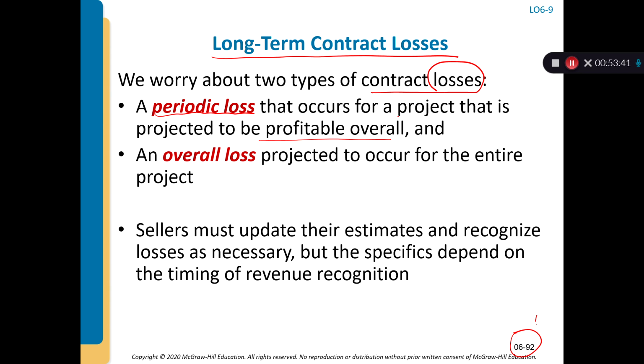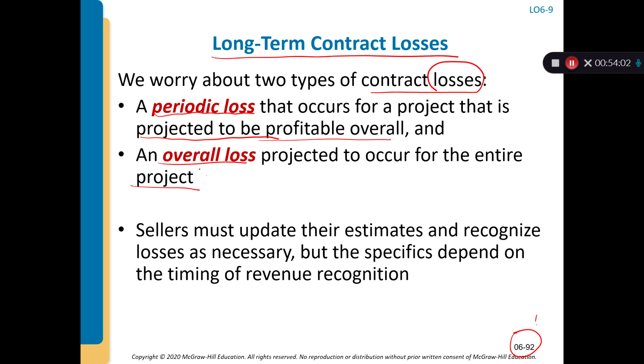It occurs when a project is projected to be profitable overall, but there's a periodic loss. And there is another kind of loss called the overall loss, where the project for the entire period is a loss. So basically after a couple of years you know that you will never make money from this project.